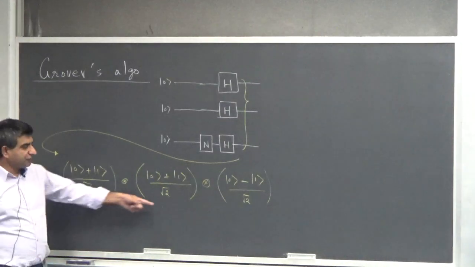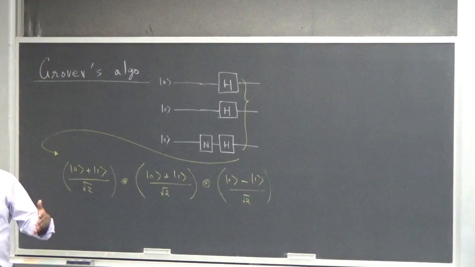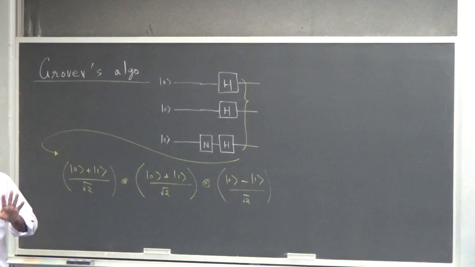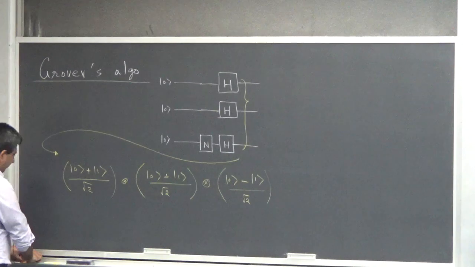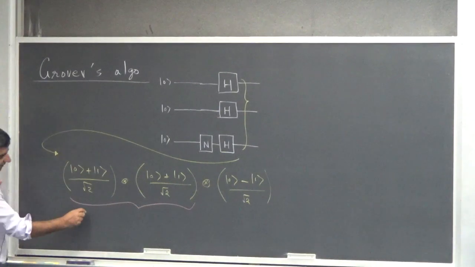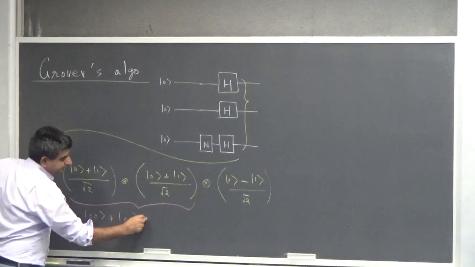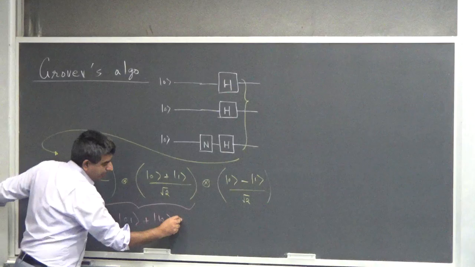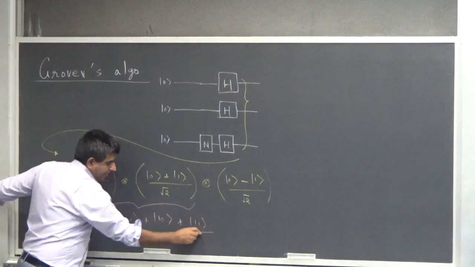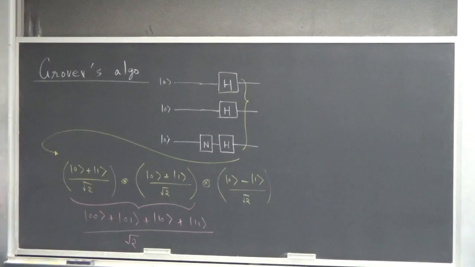If you look at the first 2 qubits, it's in an equal superposition of all the 4 basis states for the 2 working qubits. In other words, you could write these 2 working qubits in this form. Right?